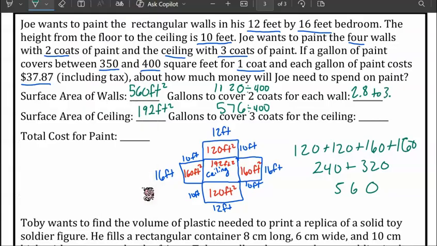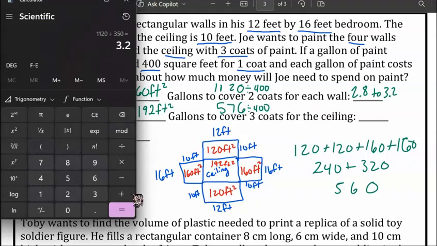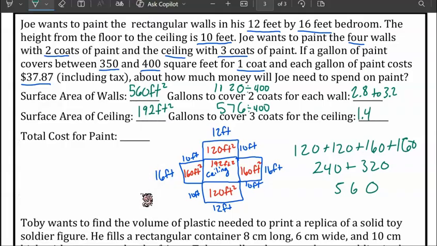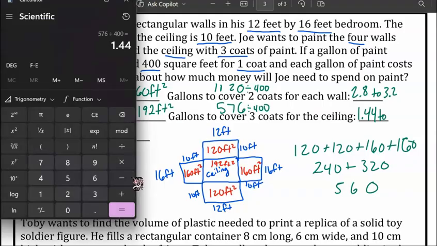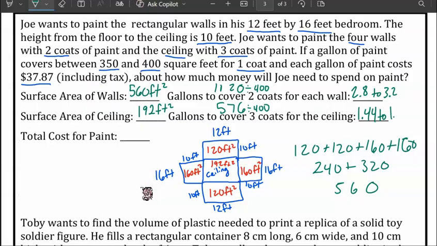That's 3.2, and then we'll divide the ceiling ones. 576 divided by 400, 1.44 to 576 divided by 350 is 1.65.